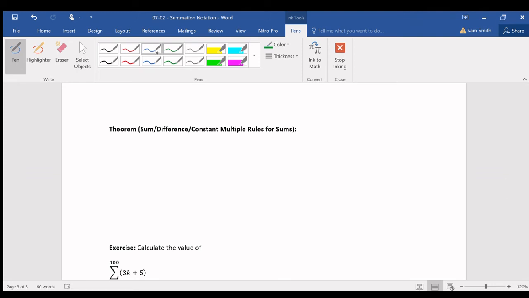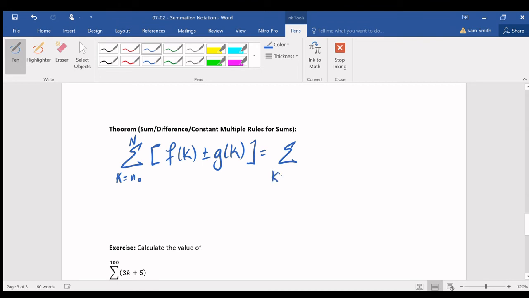And so we can use this basic principle that if you're taking the sum from some starting value to some final value, of a sum or difference of two functions, then you can split it apart, take the first sum, take the second sum separately, and add these two results.